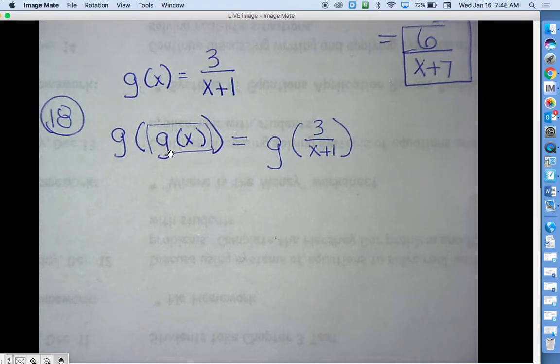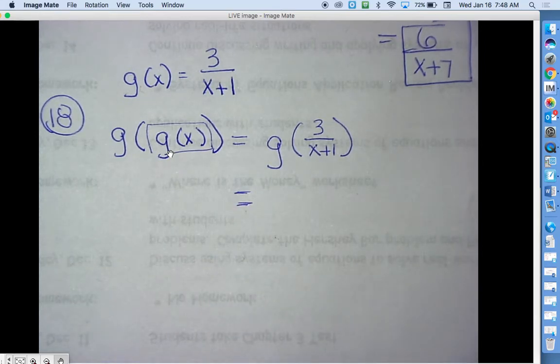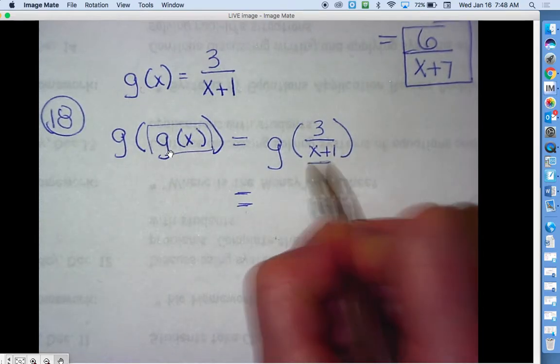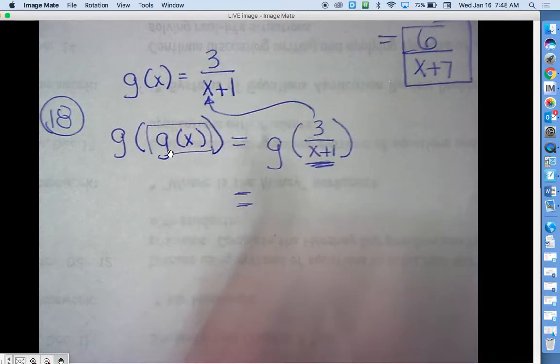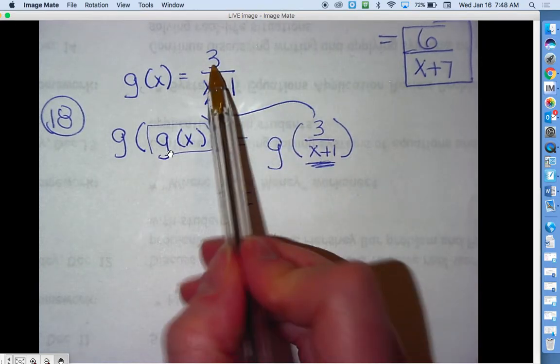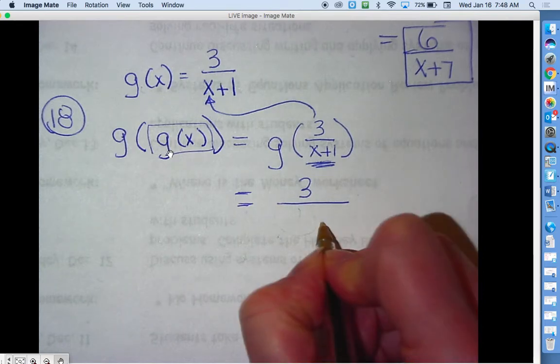Connor, you want to take a shot at it? Where does the 3 over x plus 1 go? Where x is. So wherever x is, what it's going to replace in the parentheses. So this says 3, and then here's x plus 1.